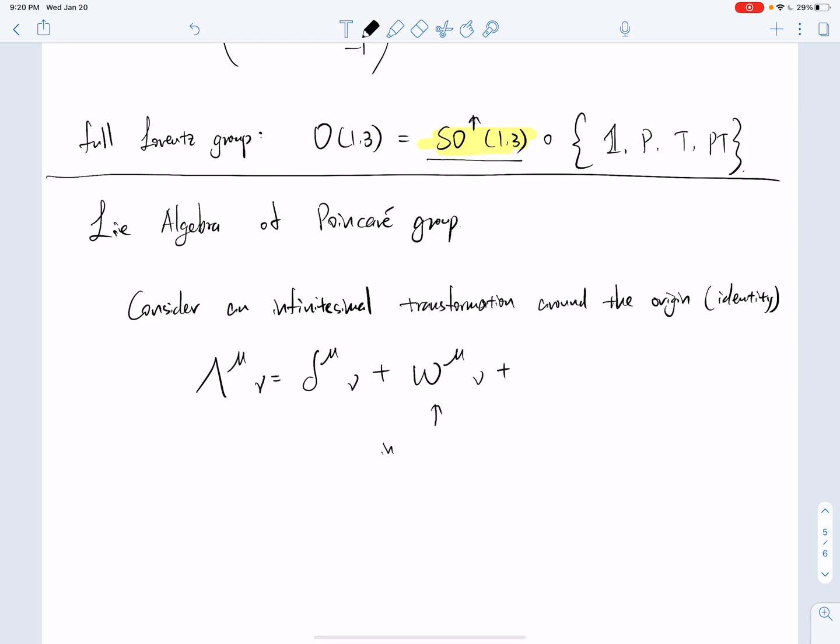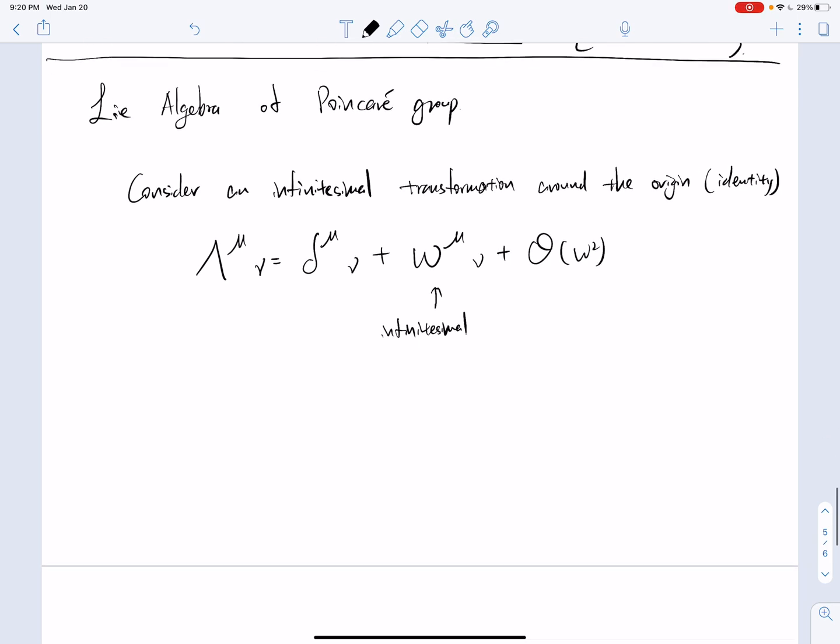This is infinitesimal, which means that this omega is very small, plus a term that is of order omega squared. It's small, so omega squared is even smaller. We can use this identity that we discussed before.